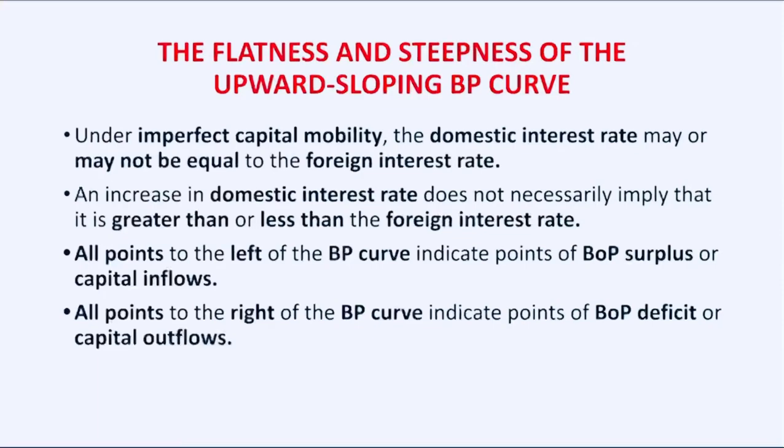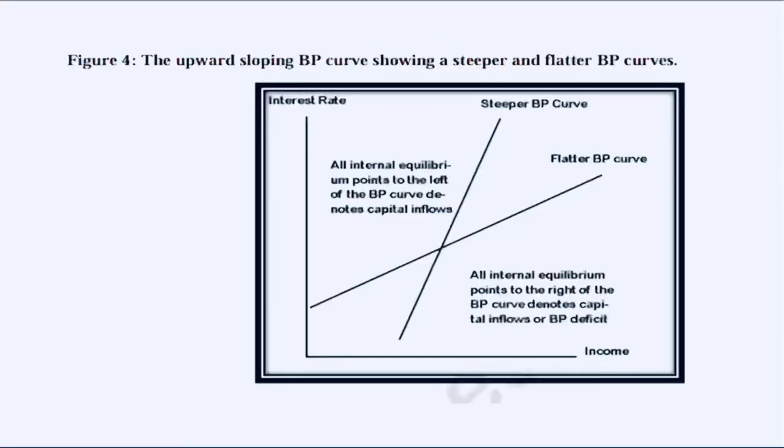Instead of perfect capital mobility where we have all points above, now all points to the left reflect surplus or capital inflows. All points to the right, below the BP curve, reflect BOP deficit or capital outflows.